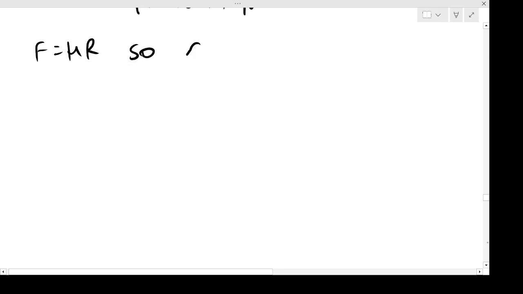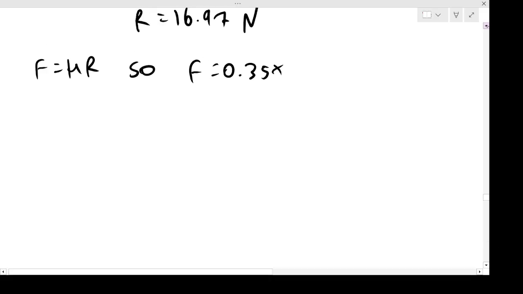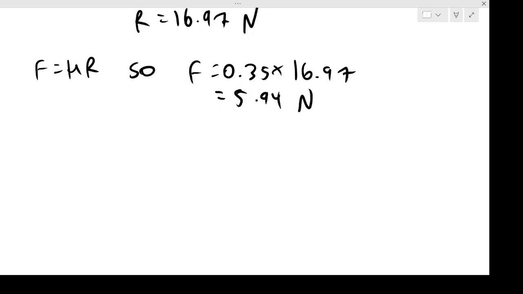So that means F is 0.35 times 16.97, which works out to be 5.94 newtons.